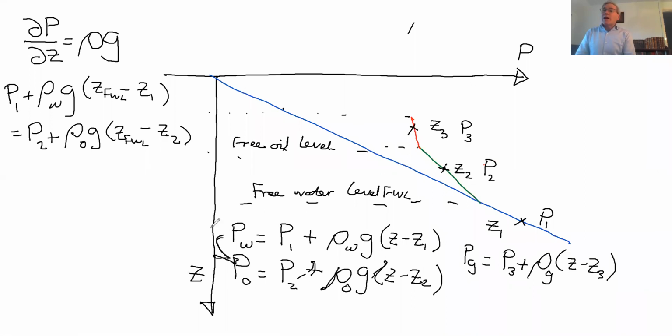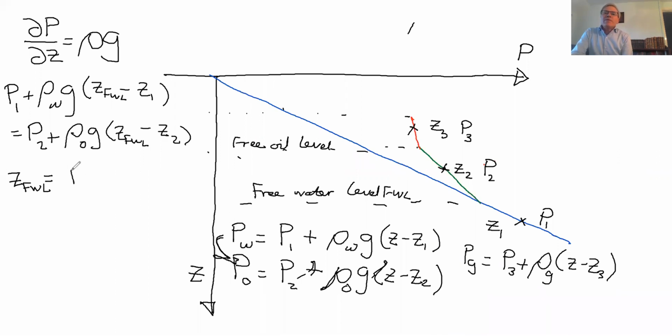Okay. So then what I can do is rearrange those equations again. If you can see this easily, fair enough. If not, rather than just following what's on the board, try and do it yourself. So I can now write down an equation, and I'm not going to go through too much algebra here, but Z of the free water level, the density of water is greater than that of oil, so I'm going to collect the terms over this side.